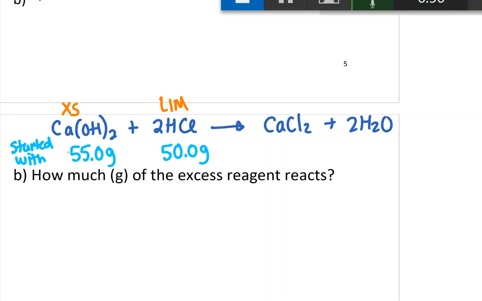This is the amounts that we put together to react. This one all reacted because it's limiting, it ran out. So if I want to predict how much water, which we already did, was made, we start with the limiting reagent and we do stoichiometry. If we had started with the calcium hydroxide, it would have over-predicted our amount of water.